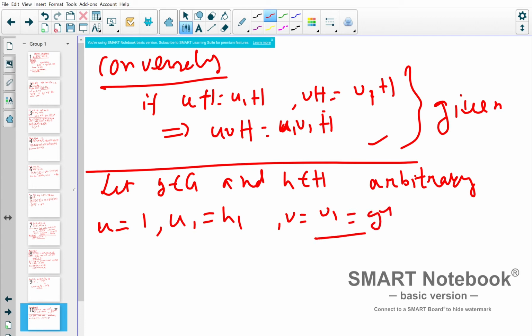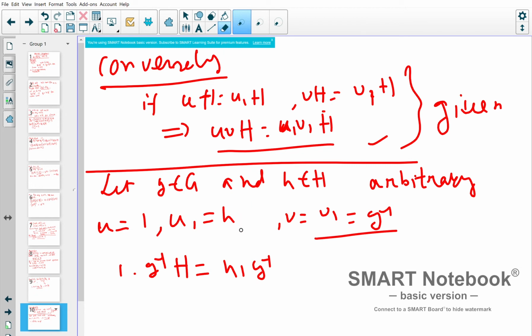Okay. Now, if you substitute inside this identity, so what happens? So it will have 1 times G inverse of H equal to H1 times G inverse of H. No, I think okay for any H. So what you can do, I just choose the same H, not H1.